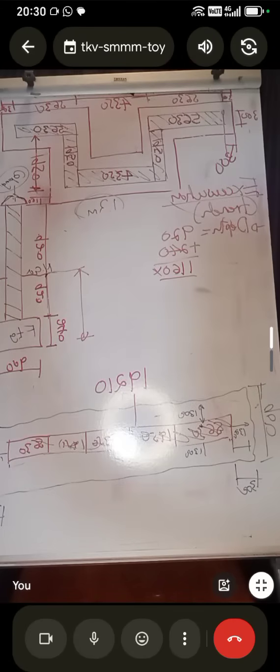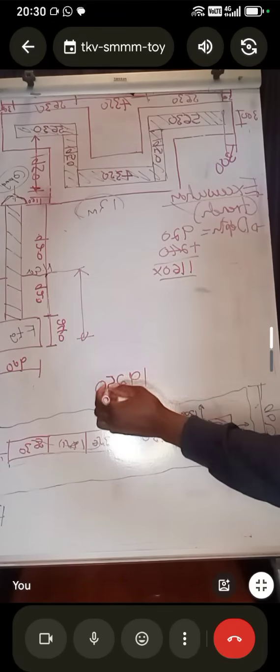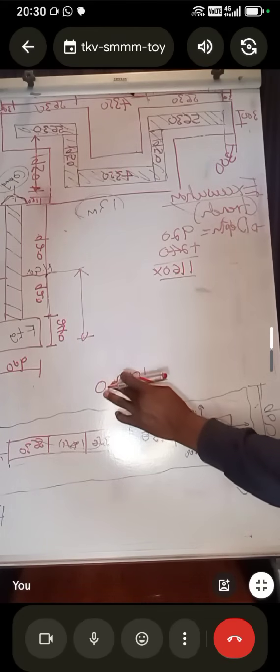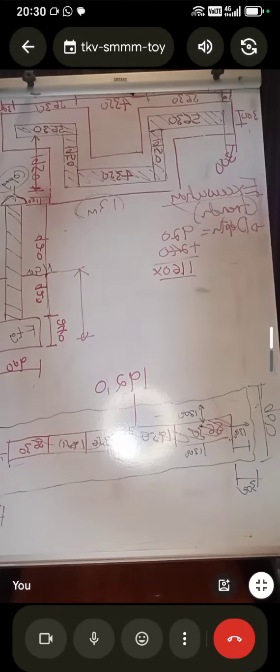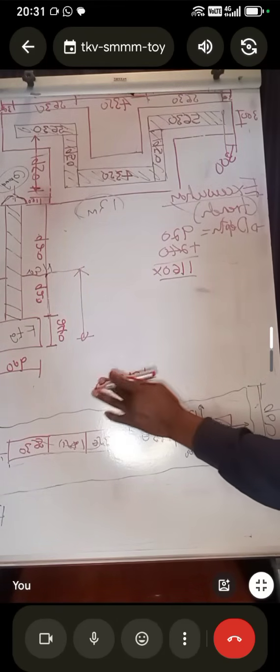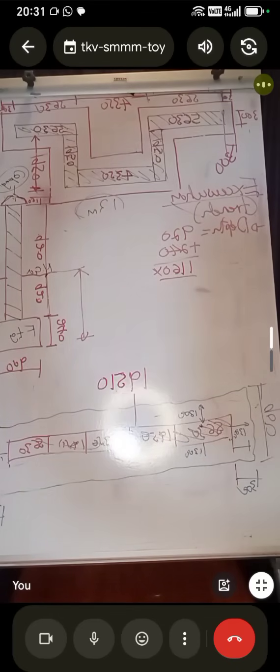It is 19,510. That's what you calculated, or that's what I wrote. That's what you wrote, and that's what we calculated. No, 19,510. Oh, I thought it's a 210.